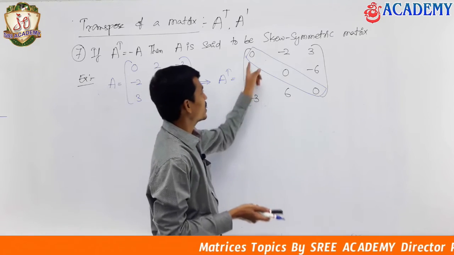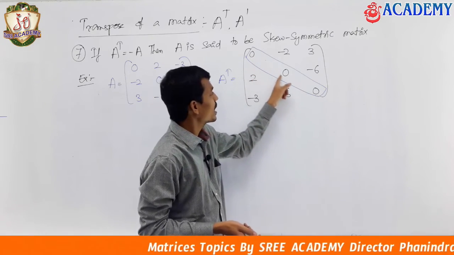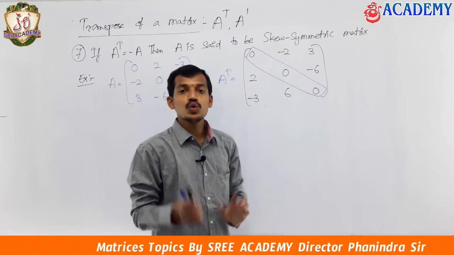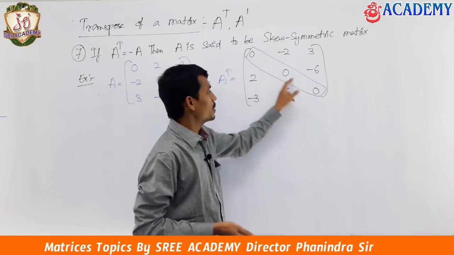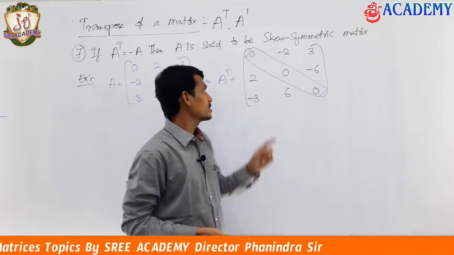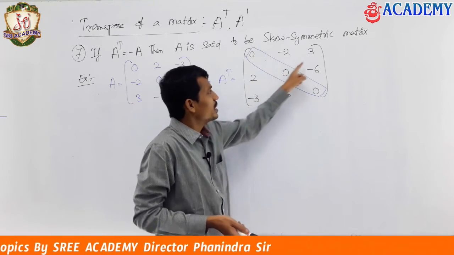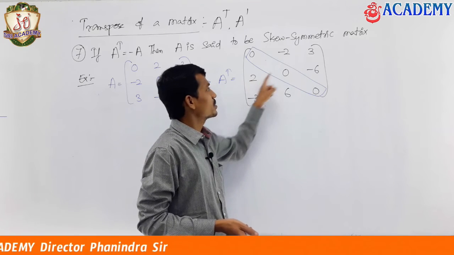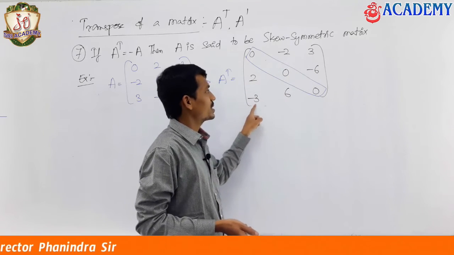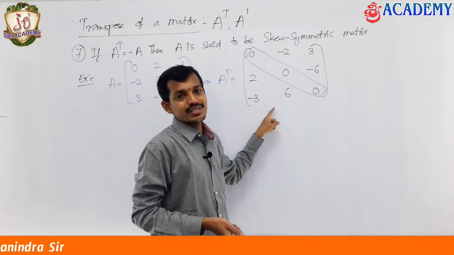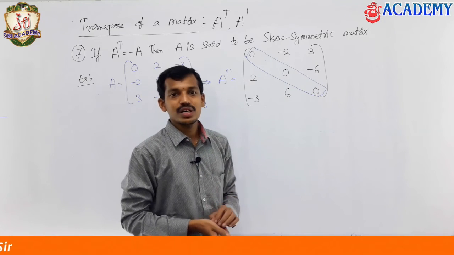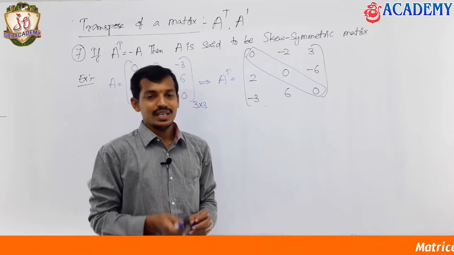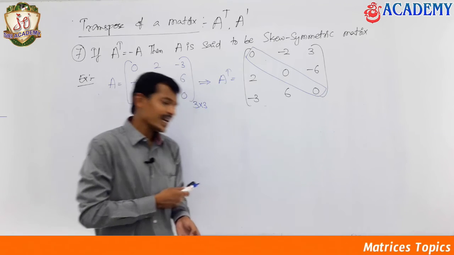Always in a Q-symmetric matrix the principal diagonal elements are going to be zeros. Remaining elements are going to be in additive inverse. If it is minus 2, it is going to be plus 2. If it is plus 3, it is going to be minus 3. If it is minus 6, it is going to be 6. Always they are going to be in additive inverse. Okay, we'll see an example here.